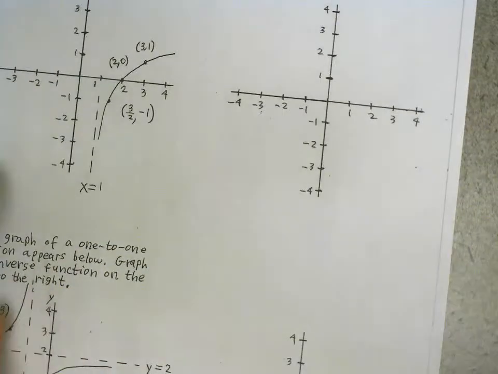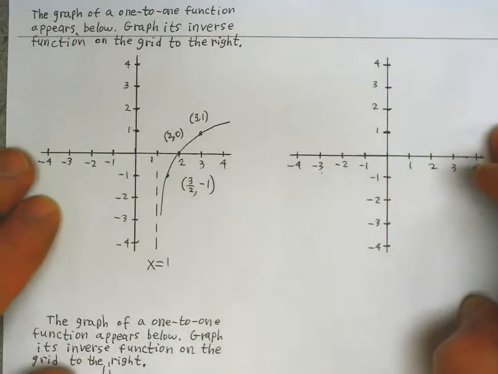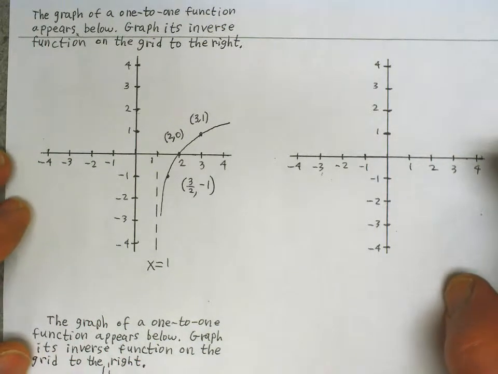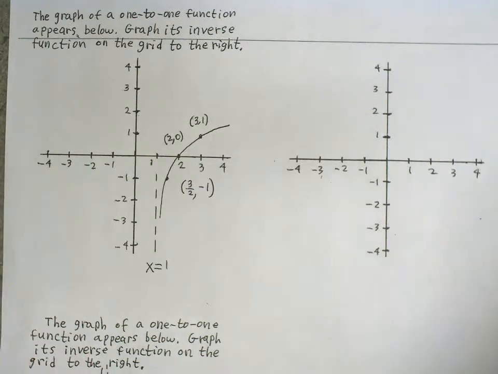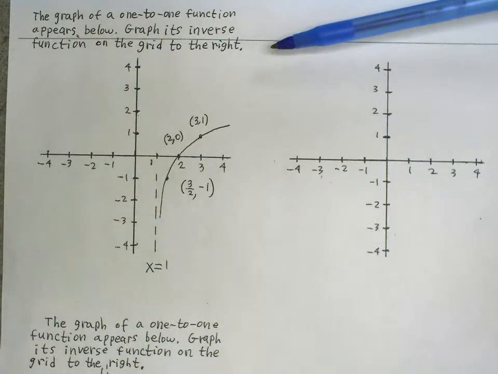Okay, I want to get to this problem. Couple of problems. So this says the graph of a one-to-one function appears below. Graph its inverse function on the grid to the right.